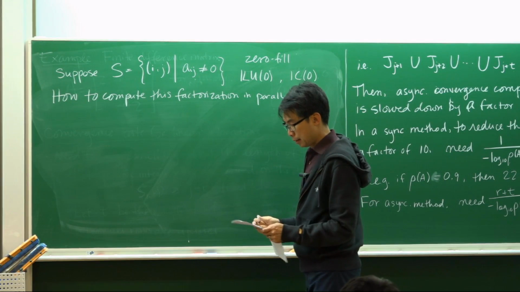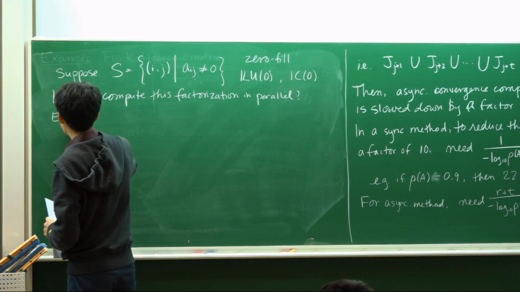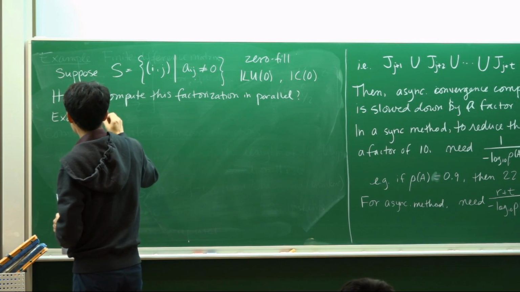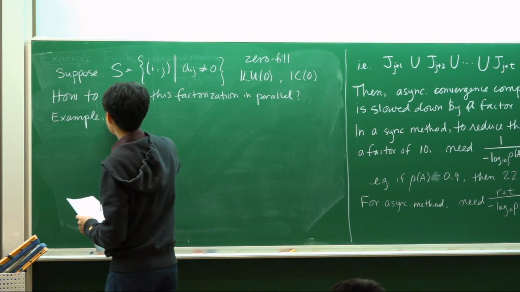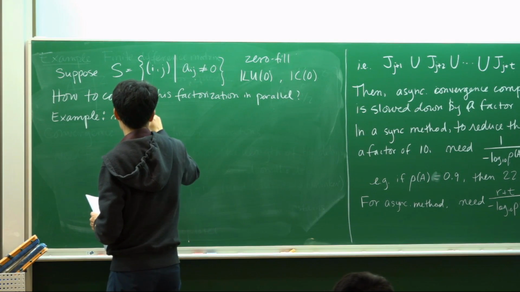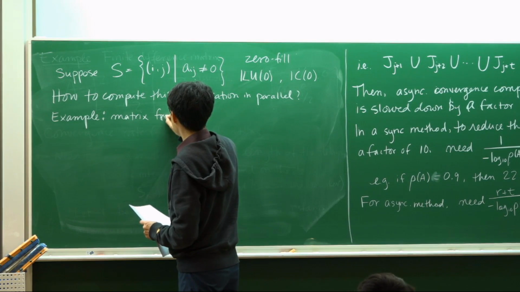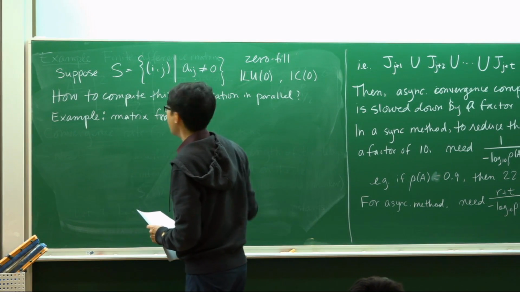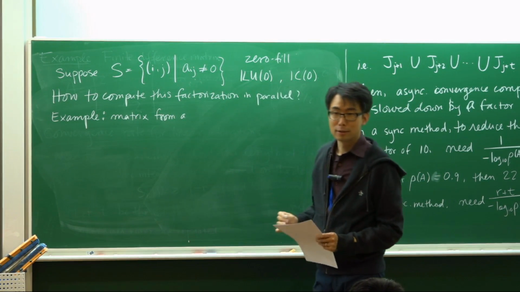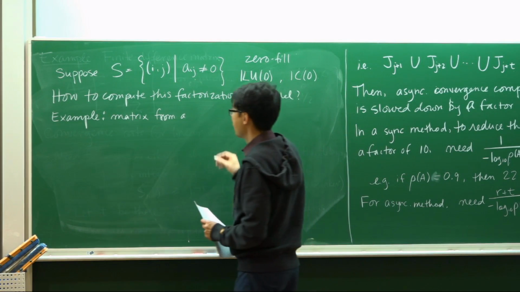Okay, and let's try to answer that question with an example. The example is a matrix from a small mesh, a mesh that we might use to discretize a partial differential equation.